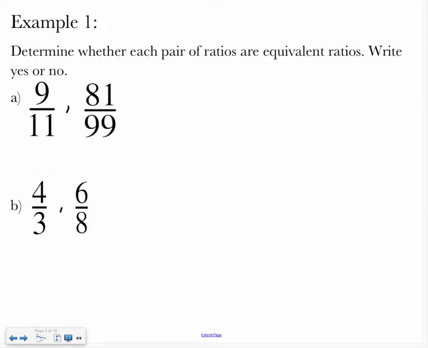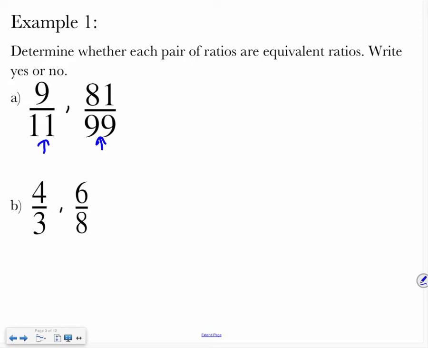We want to determine whether each pair of ratios are equivalent ratios. Write yes or no. Okay, so if we look at this top one right here, we have 9 over 11, and we have 81 over 99. 9 11ths and 81 99ths. So are they equivalent? So I look at 9 over 11 and I think, okay, that's as reduced down as it can be.